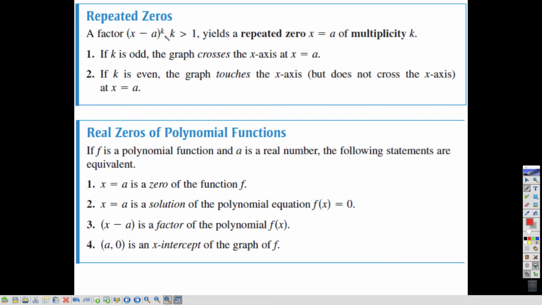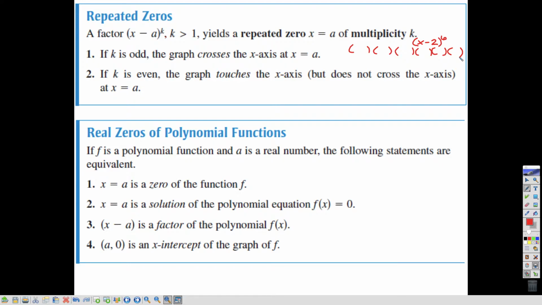So, if I have x minus 2 to the 6, it's repeated 6 times, because that means I would write this factor out how many times? 6 times. So that means that zero happens 6 times. It has a multiplicity of 6, whatever that multiplicity is.